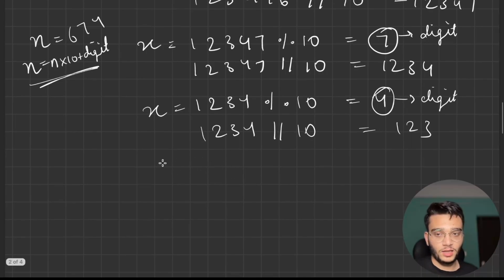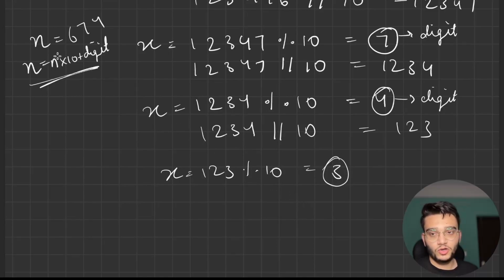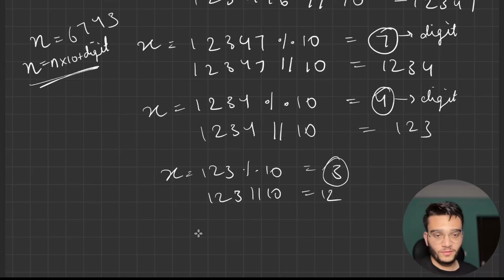And then again you would do x equal to 1, 2, 3 modulo 10, which would give you 3. Your 3 will be added here. Then your 1, 2, 3 integer division by 10 gives you 12.